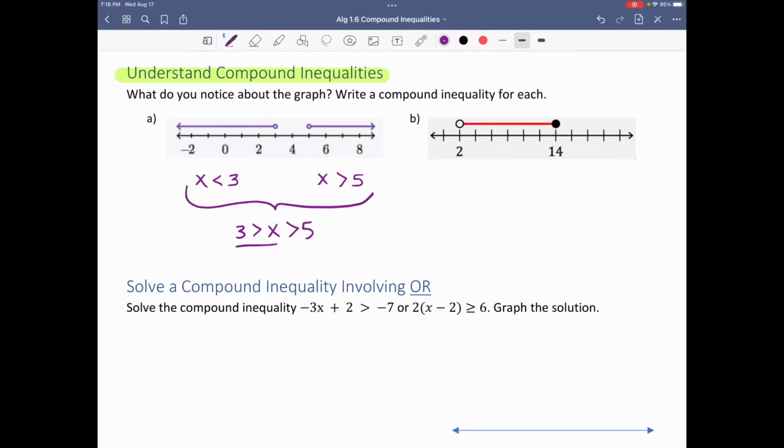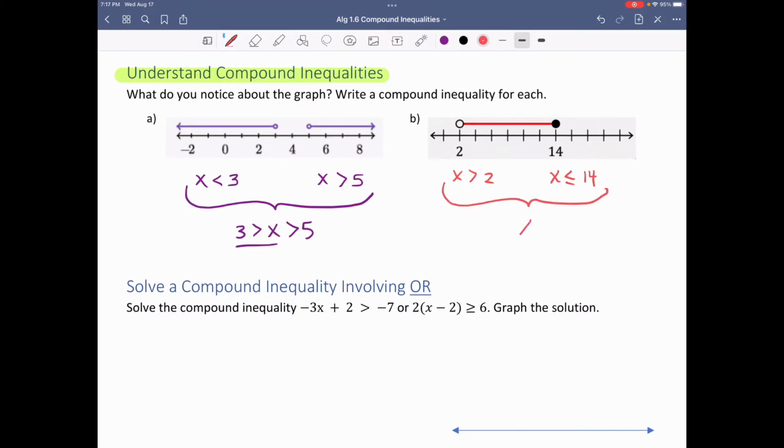Part B. What do we notice? We have 2 and we have all of the numbers greater than 2 until we get to 14. So it'll be x is greater than 2, and then we have the 14, and x is less than or equal to 14. Now we need to put these as one compound inequality.